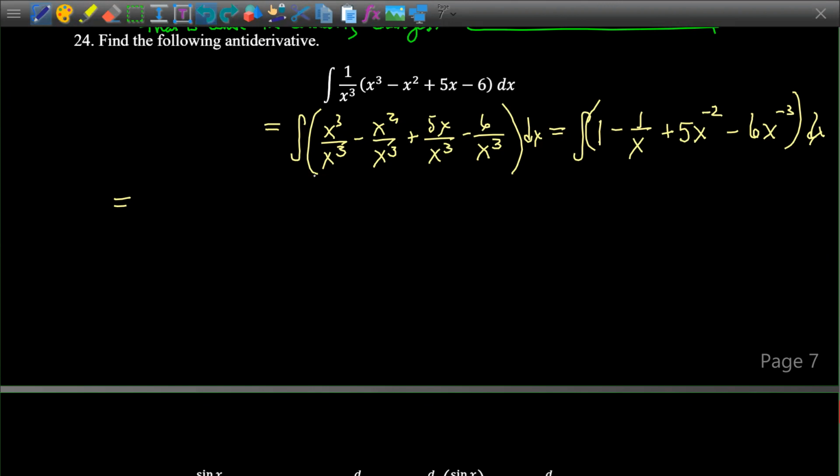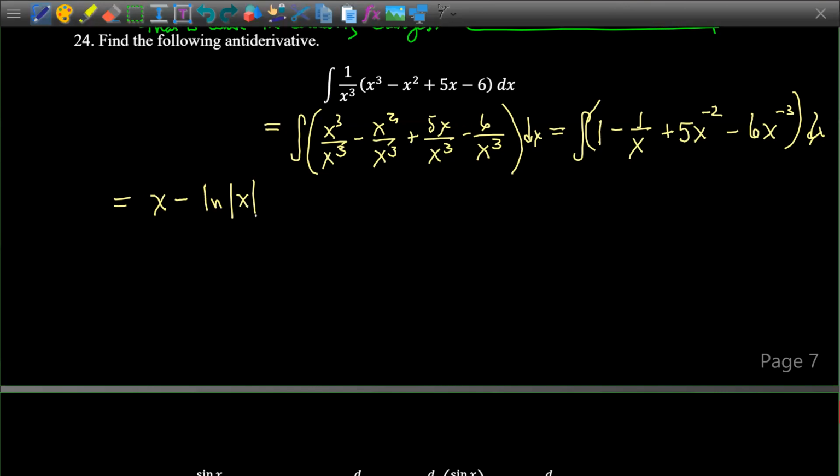So the antiderivative of 1, that's just x. The antiderivative of 1 over x, well, you can just memorize this rule. 1 over x is going to be the natural log of the absolute value of x if you're finding the antiderivative.